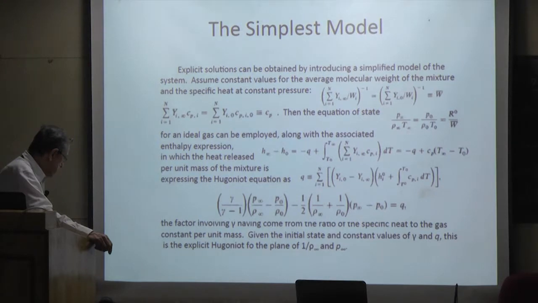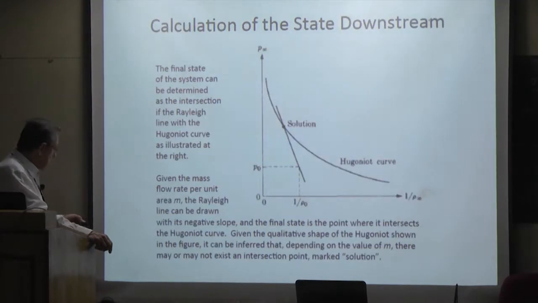determining the final state from the initial state in that PV diagram. And so the general shape of the Hugoniot curve turns out, if you look at that equation, in the pressure volume diagram, to be this, and so given the initial state, the final state would be this intersection of any line with negative slope in that diagram.